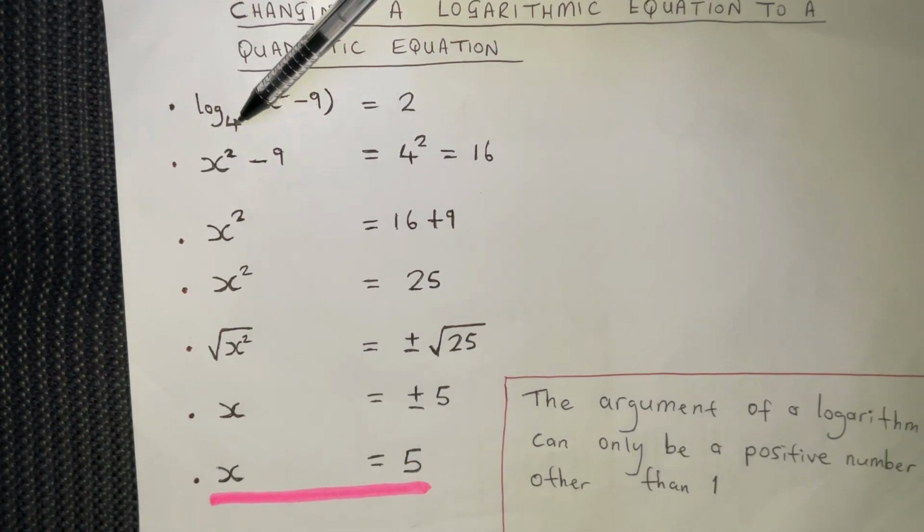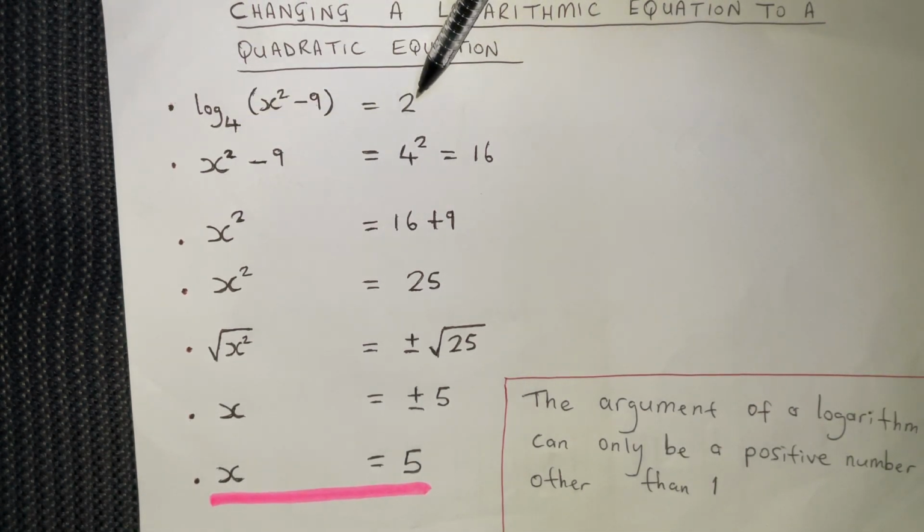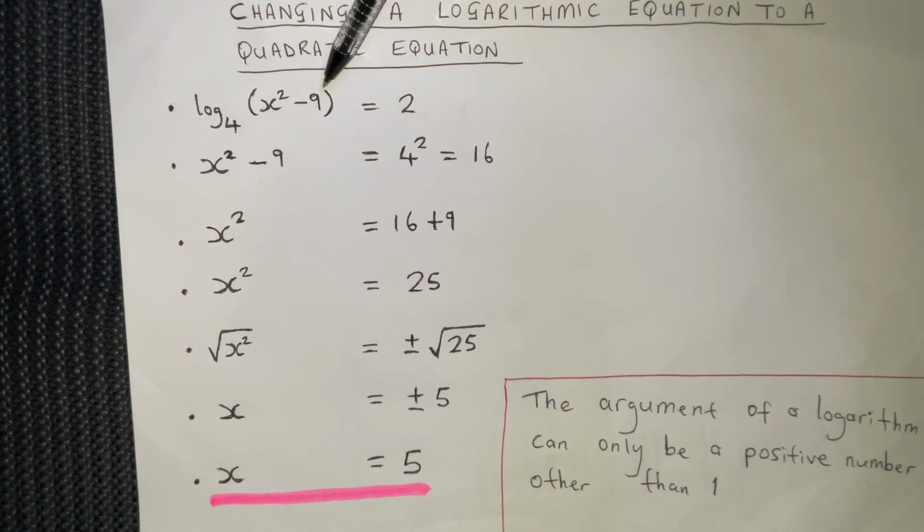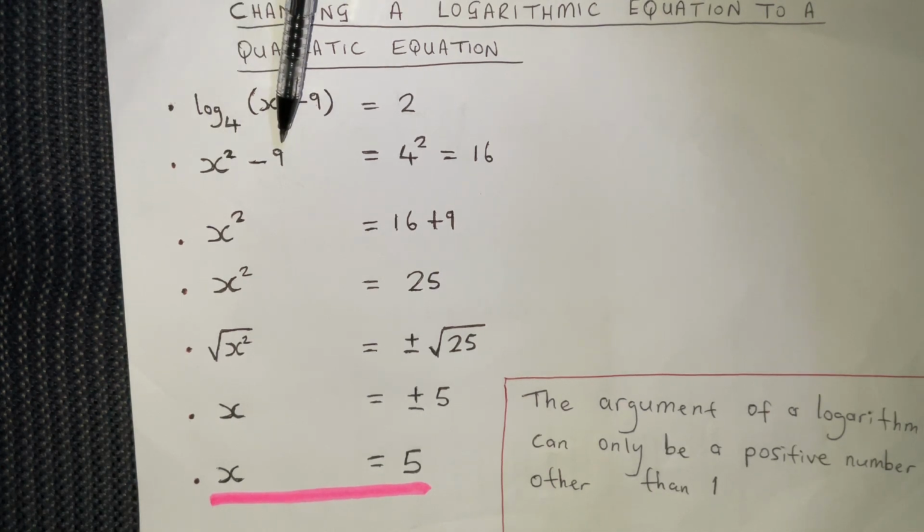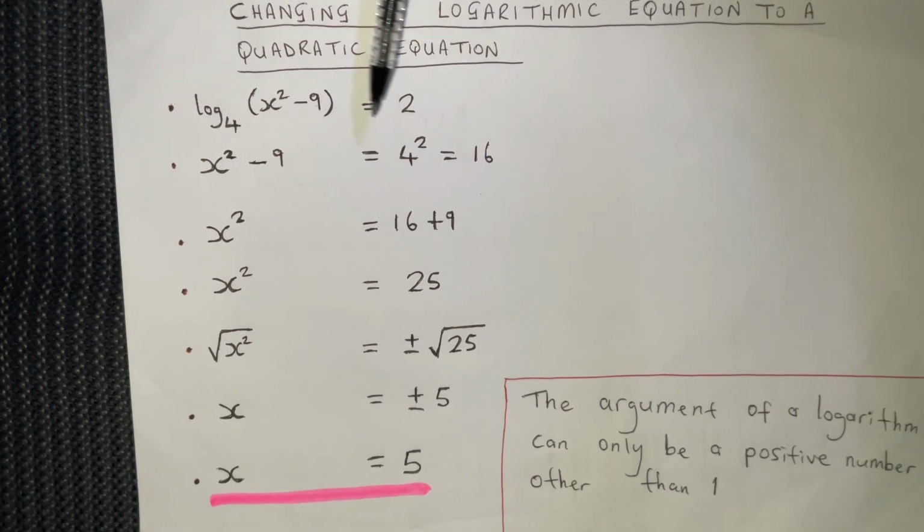Raise base 4 to the power 2 to get x squared minus 9. So it will be written as follows: x squared minus 9 equals 4 to the power 2, which is 16.